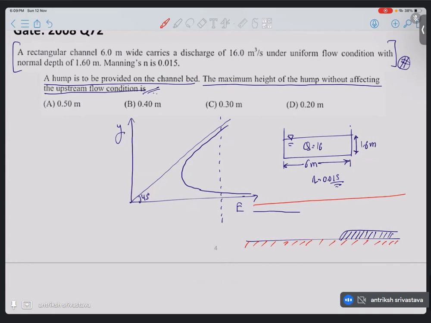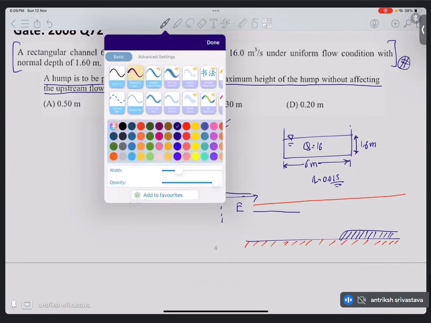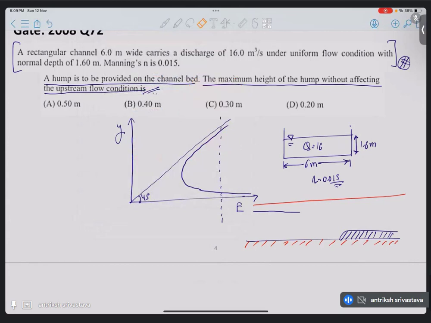So when we install this particular hump, this was our E1 before the hump, and this is our E2 after the hump.